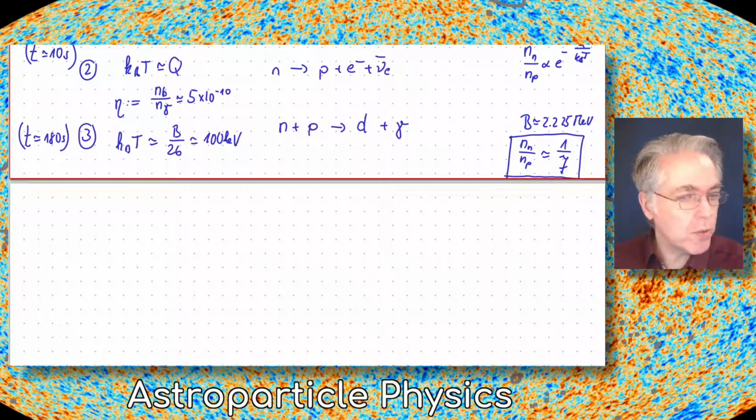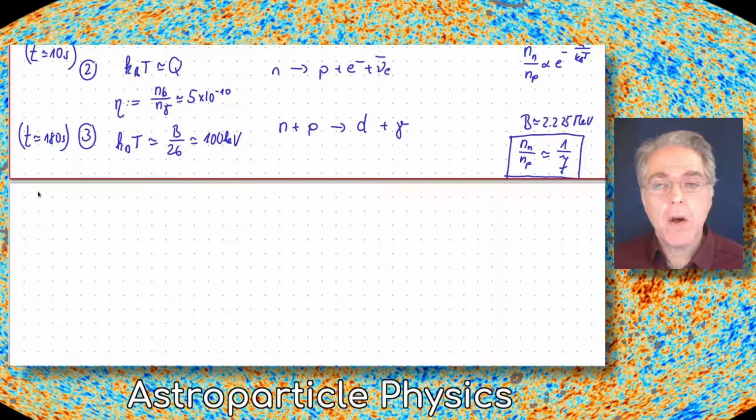To make this story short, you need the right tuning of the expansion rate and also the delay, because of the ratio of the baryons to photons, to have the right value to delay it such that you have the right ratio of neutrons to protons.